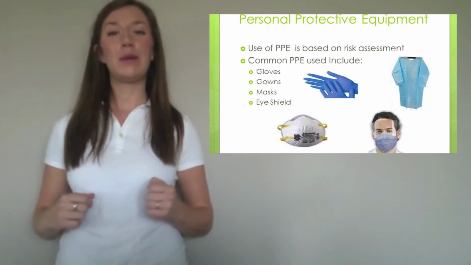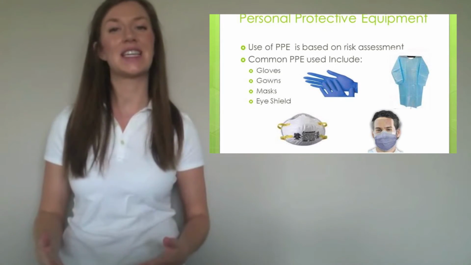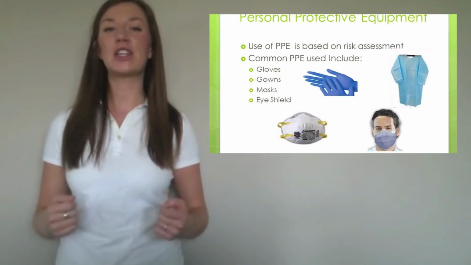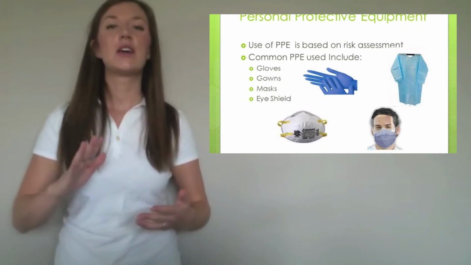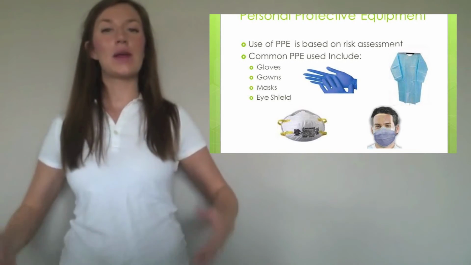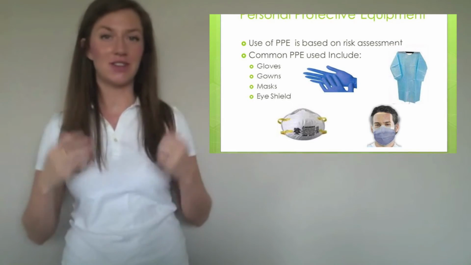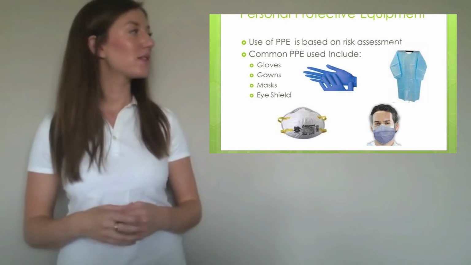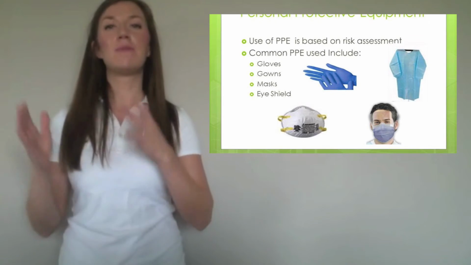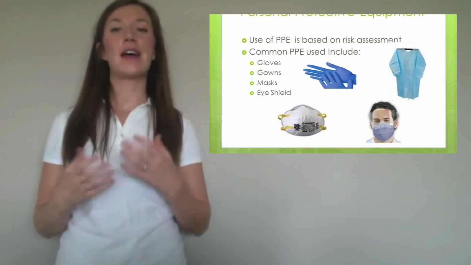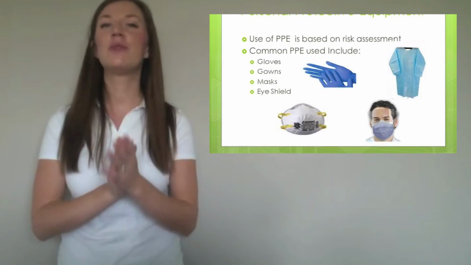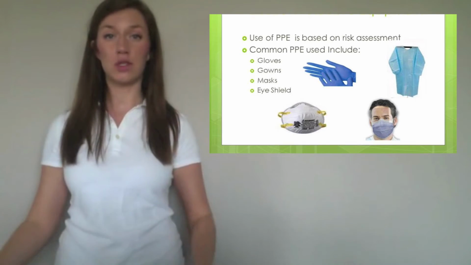You select PPE based on your risk assessment and type of infection, such as gloves, gown, mask, and eye shield. These should be used before and after that hand hygiene and should be removed after each use.